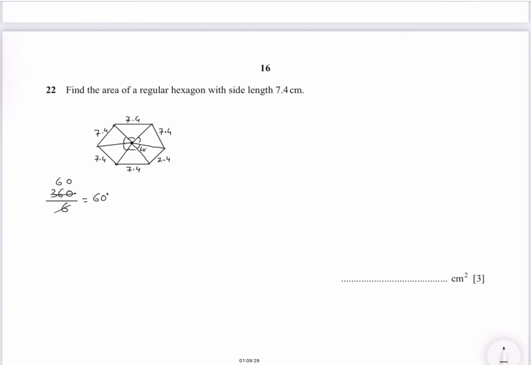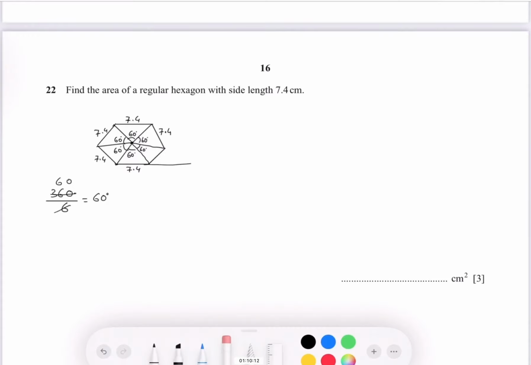So you get a 60-degree angle. Now if you extend the line and try to find the exterior angle, this is also 360 divided by 6, so a 60-degree angle.